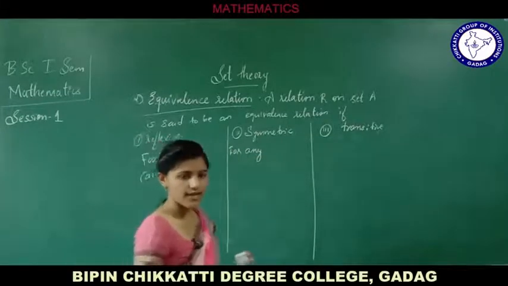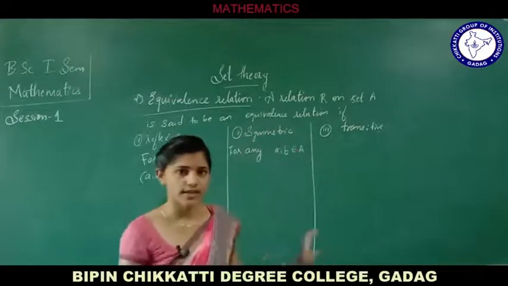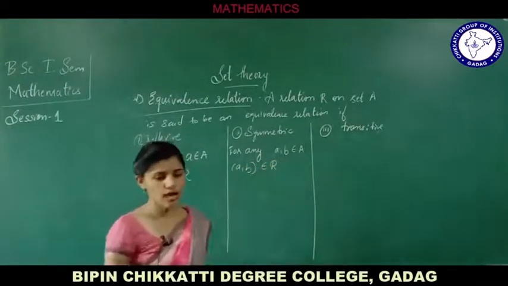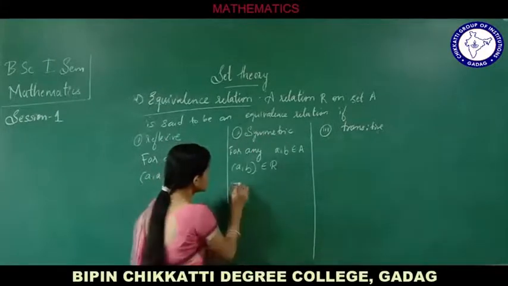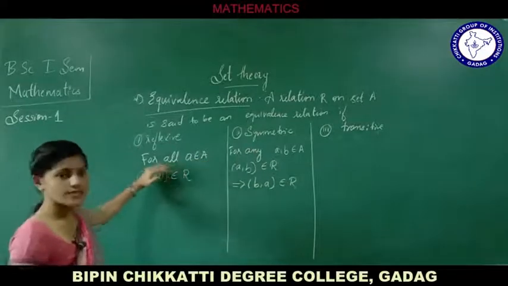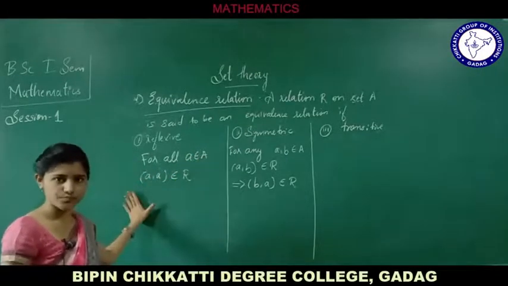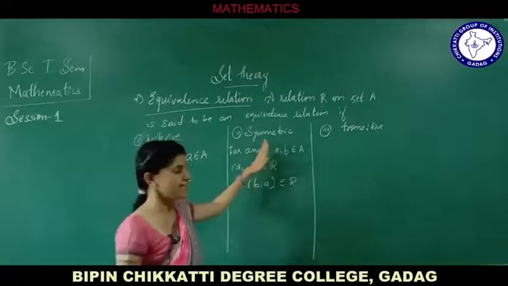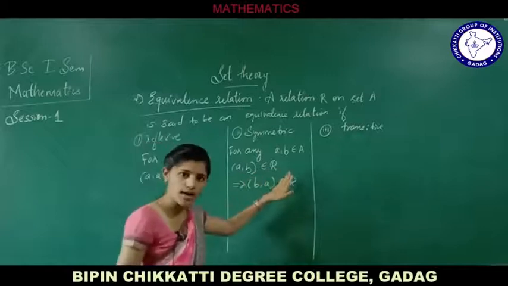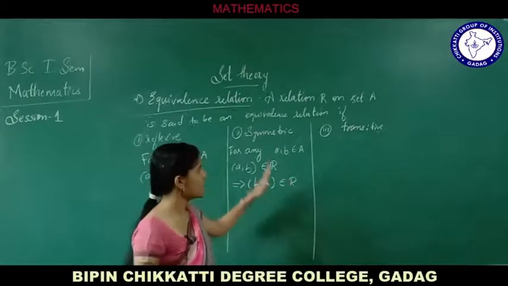For any (a, b) belongs to A, if this ordered pair belongs to R, then this should imply that (b, a) should also belong to R. Here see the condition, for reflexive it is for all, which means every element of A should have its reflexive pair. But in symmetric they have said that it is for any (a, b) belongs to A, and if (a, b) belongs to R, then the condition should be that (b, a) should also belong to R. Then we say that it is symmetric.